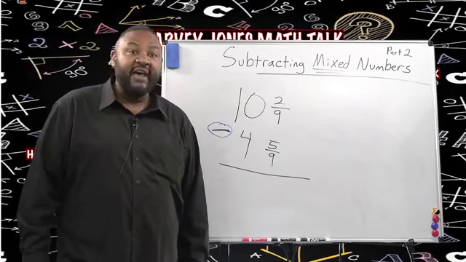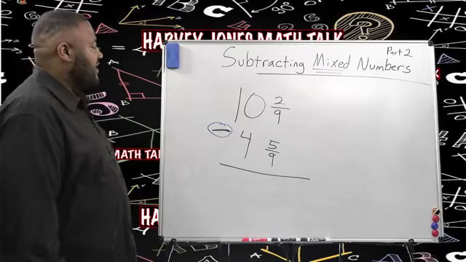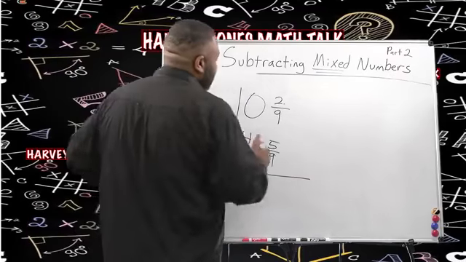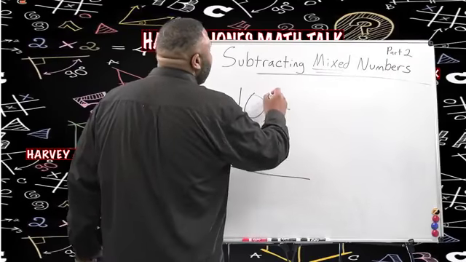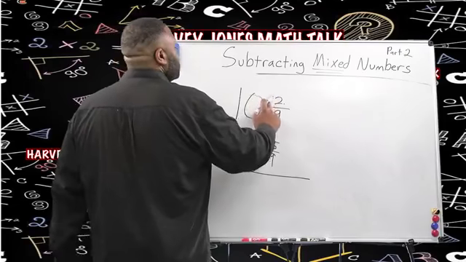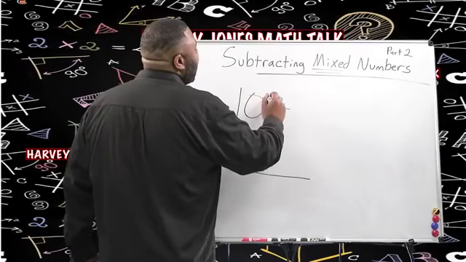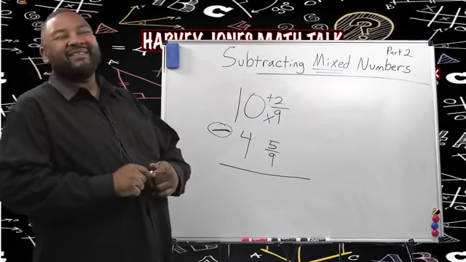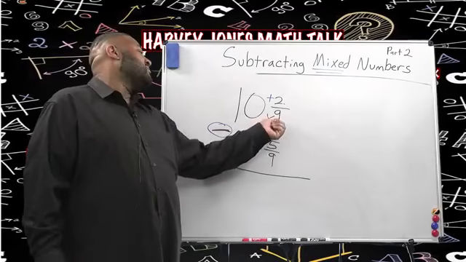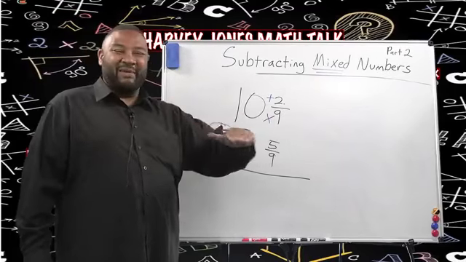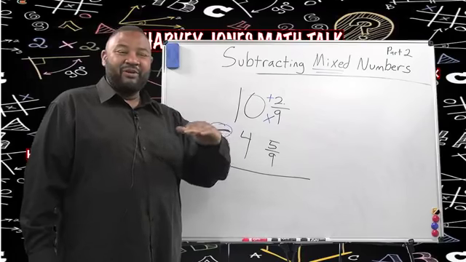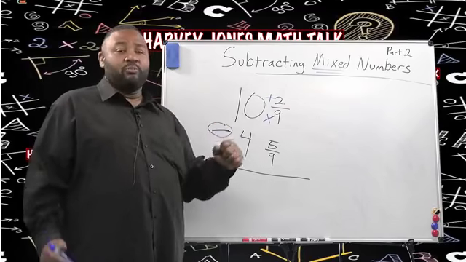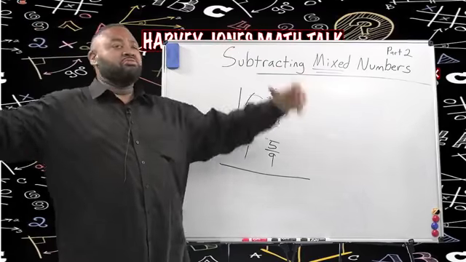So what I like to do here is you multiply, then you add. You multiply your denominator, which is your bottom number, by your whole number, which is the really big number.